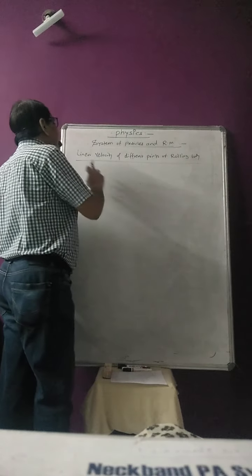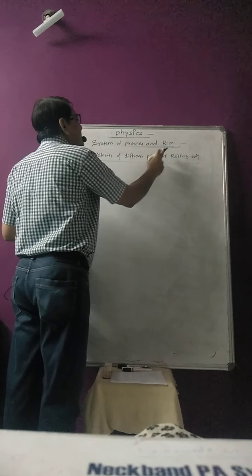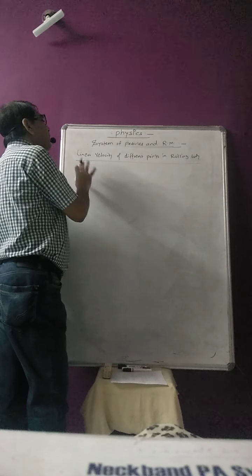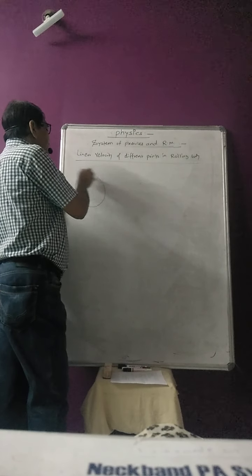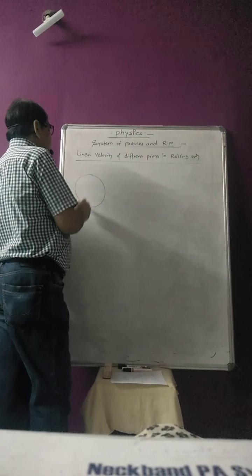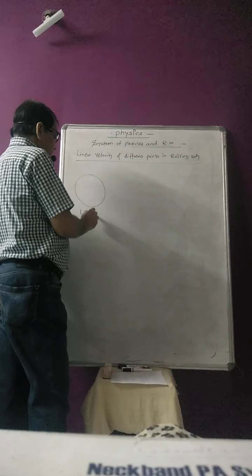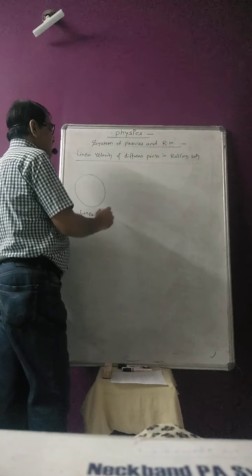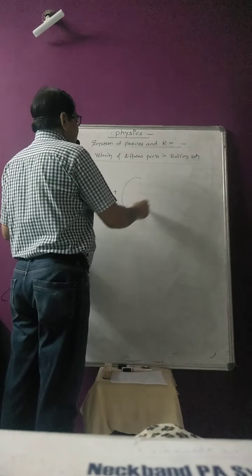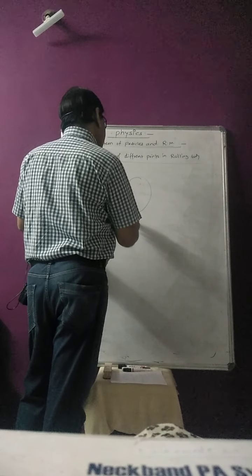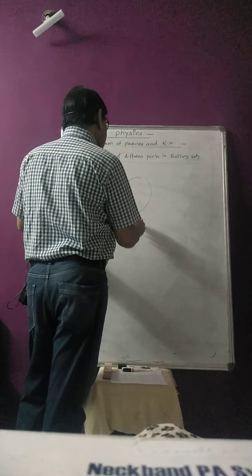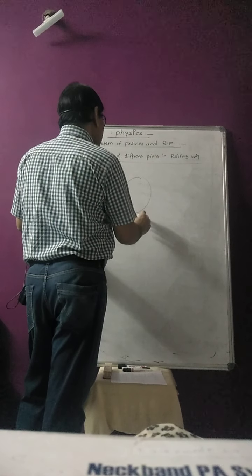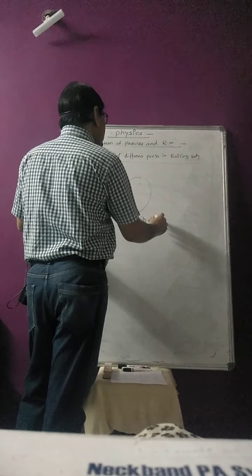The body has two types of velocity. First is the linear velocity, that is translatory motion, plus the angular velocity, that is the velocity of rotational motion.